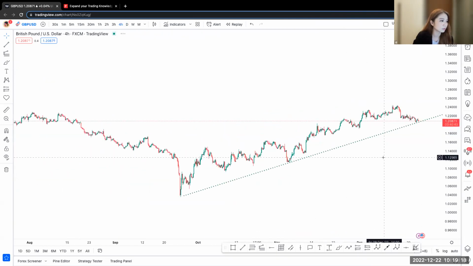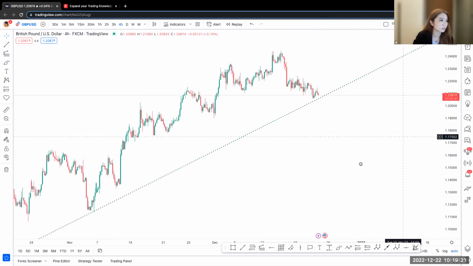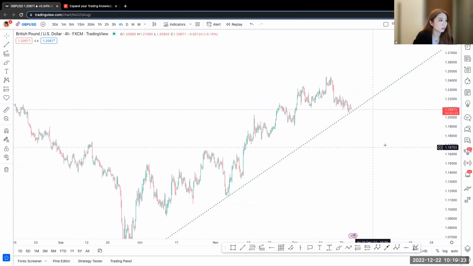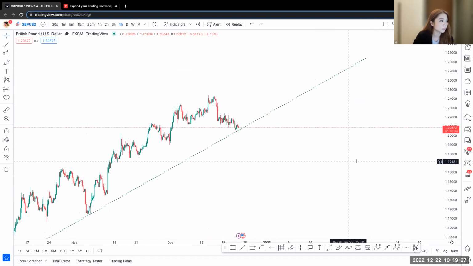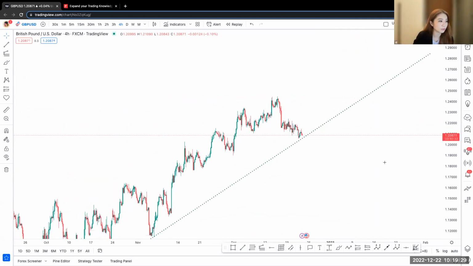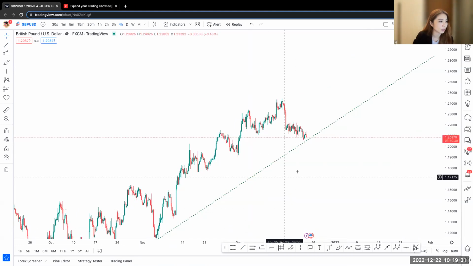H4. As for H4, I will still be more inclined to look at an upward moving trend than a downward moving trend.